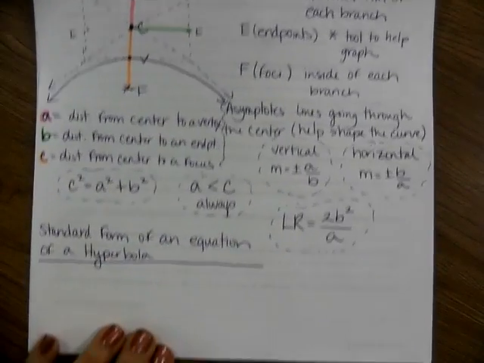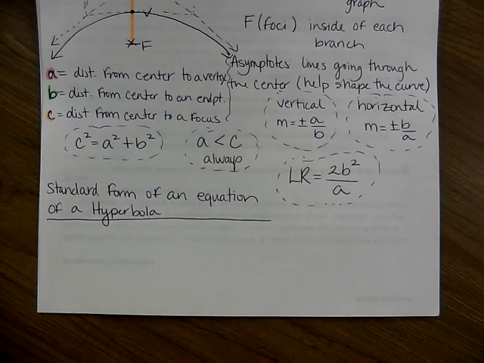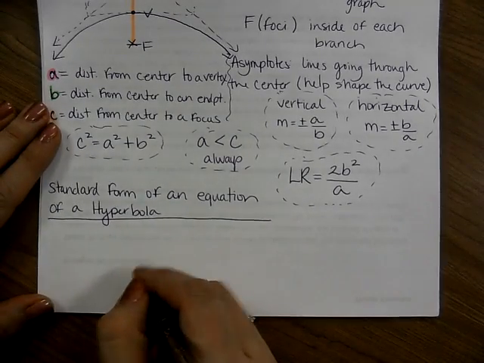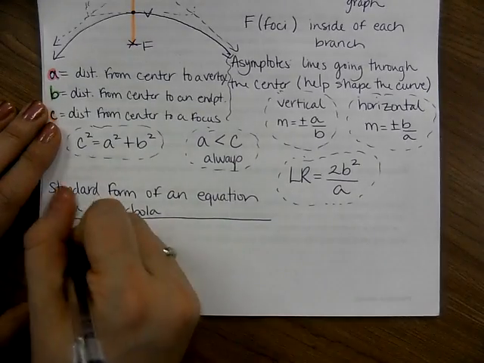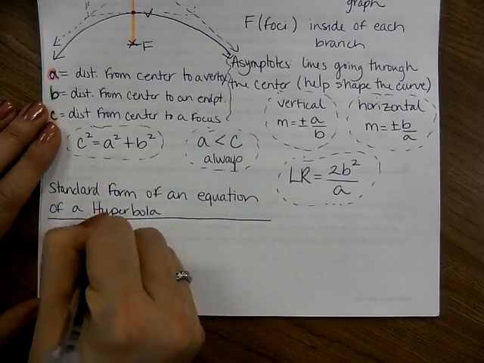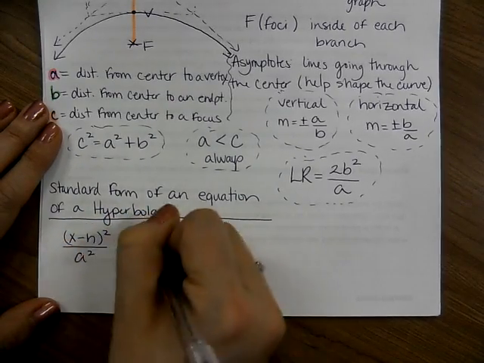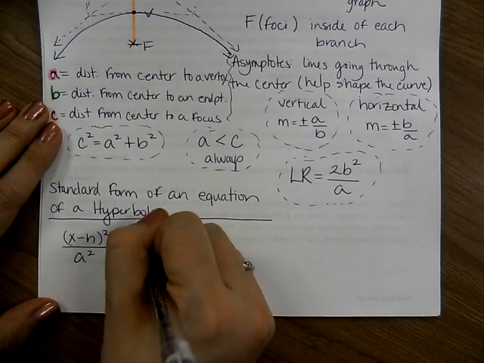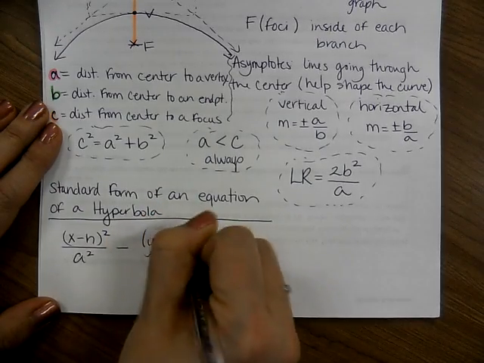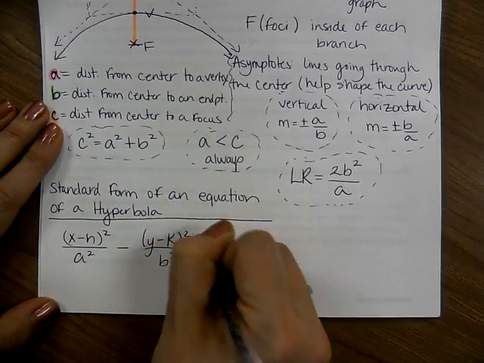Just like the ellipse, there are two of them. Just like the parabola, there are two of them. So what do they look like? They look like this. X minus h squared over a squared minus y minus k squared over b squared equals 1.